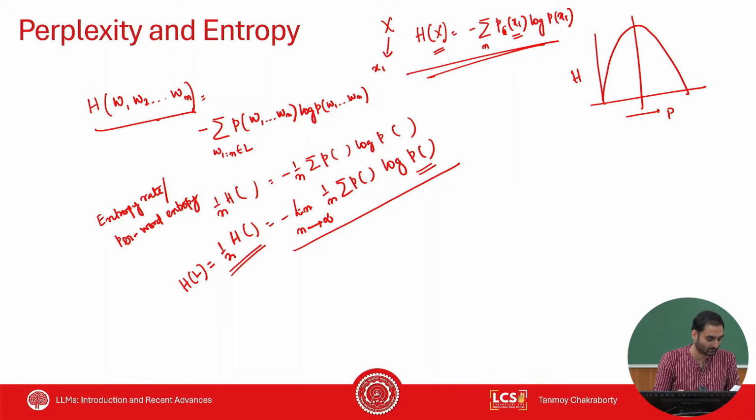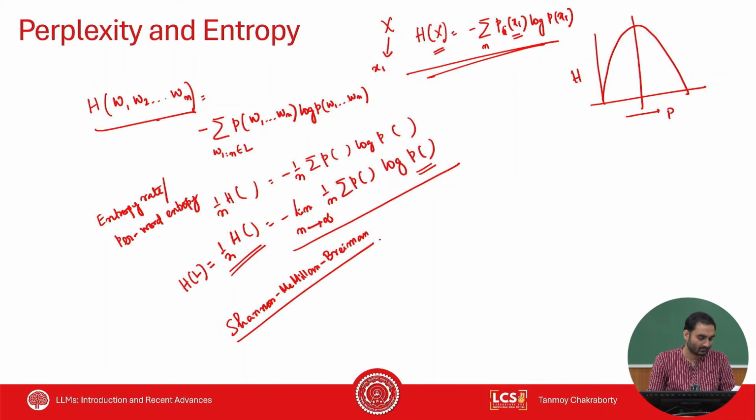Again, I will not go into the details of the theorem. This is called the Shannon-McMillan-Breiman theorem. It says that if the stochastic process is regular, meaning it is stationary and ergodic, again I will not go into the details of this, then I can approximate this.